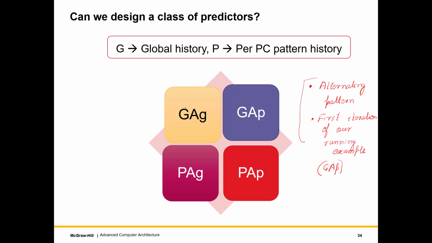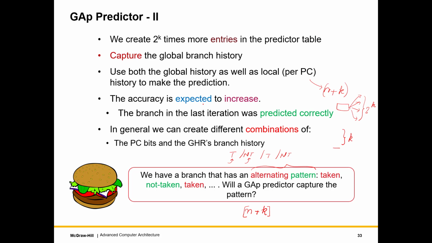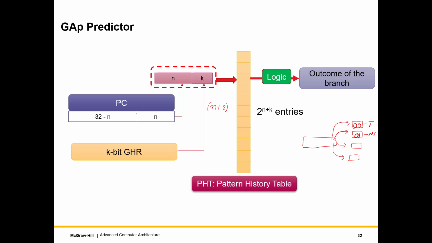At this point it is important to mention what is G and what is P. If I were to come back to this slide, G is the global history register. G is the global information of the behavior of the last k branches in a dynamic instruction sequence. And then the predictor takes these PC bits.